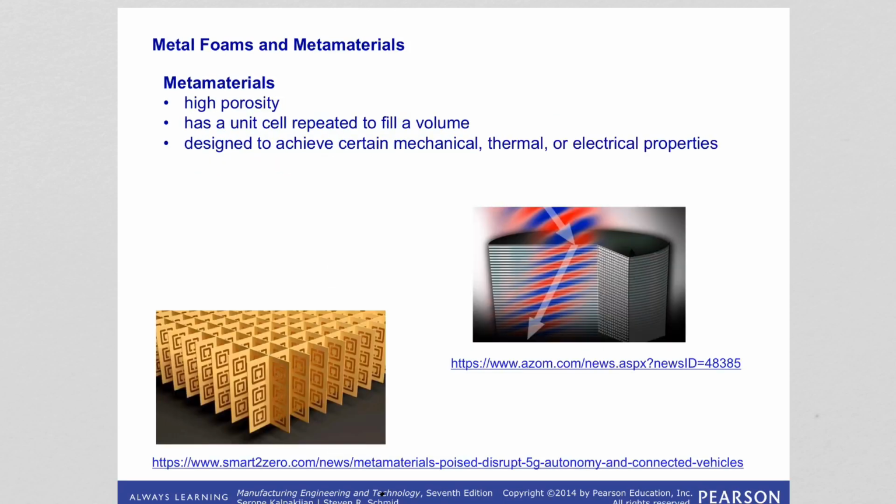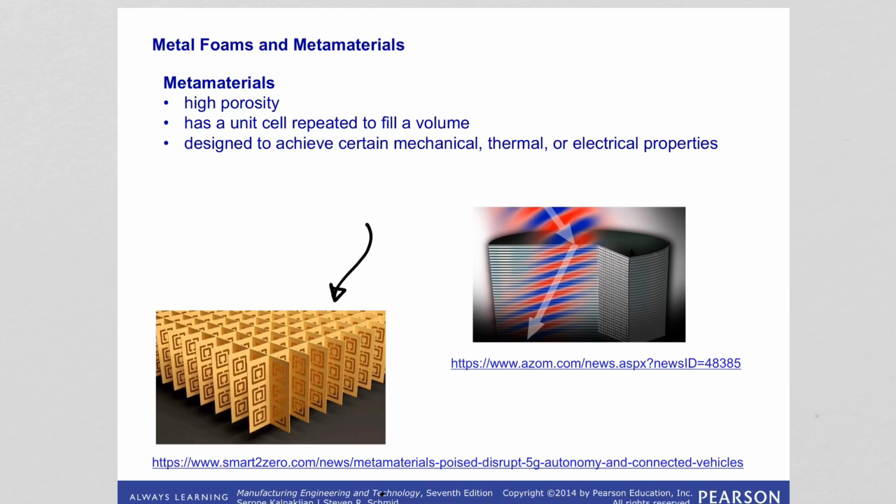Okay, so if you look at this image, these metamaterials have high porosity, but think about it, they have a unit cell that is repeated to fill a volume. And the good thing about this type of porous structure, highly organized, is that it can be done in any way to achieve any type of mechanical, thermal, electrical properties.